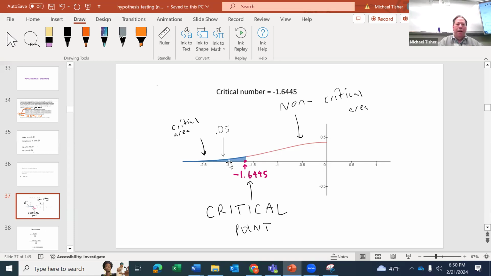Based on this, we find what's called the critical point. Maybe you wonder how they get a critical point of negative 1.6445. Any ideas how we got that, based on what we've done in the last few weeks or so?